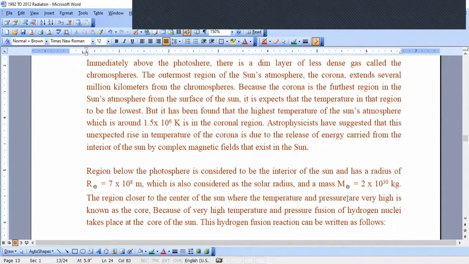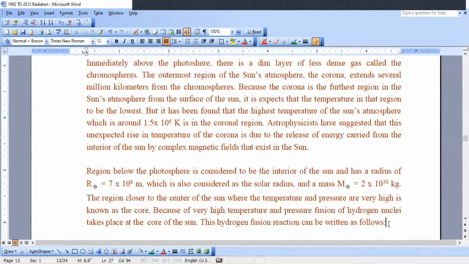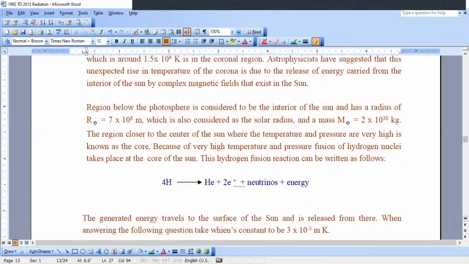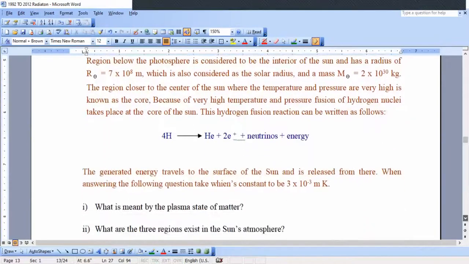The region closer to the center of the sun, where the temperature and pressure are very high, is known as the core. Because of very high temperature and pressure, fusion of hydrogen nuclei takes place at the core of the sun. This hydrogen fusion reaction can be written as follows: 4H gives helium plus 2 electrons plus neutrinos plus energy.